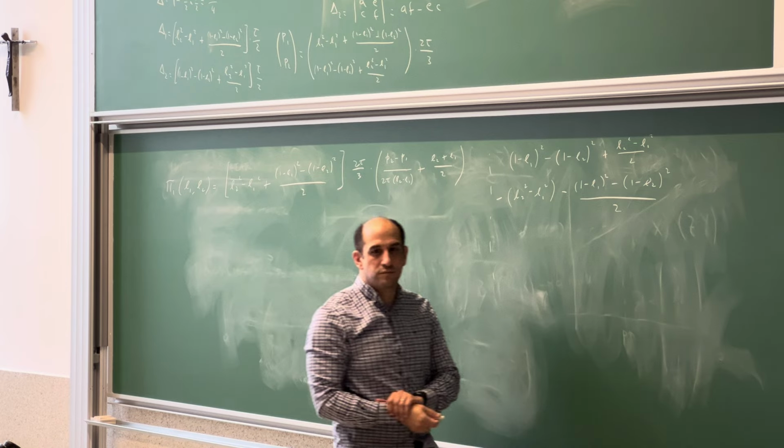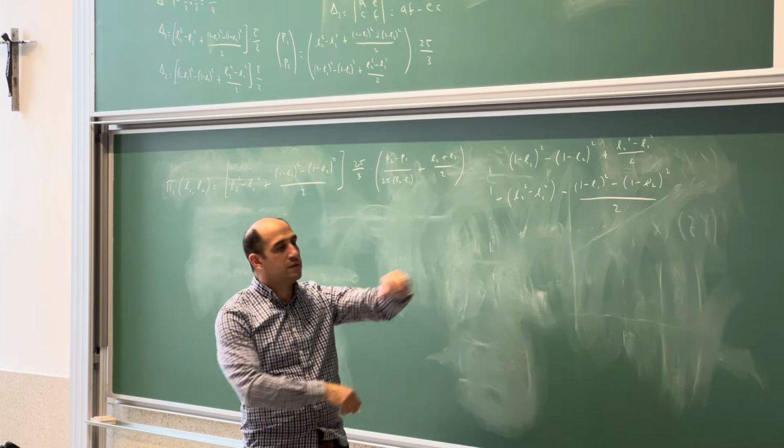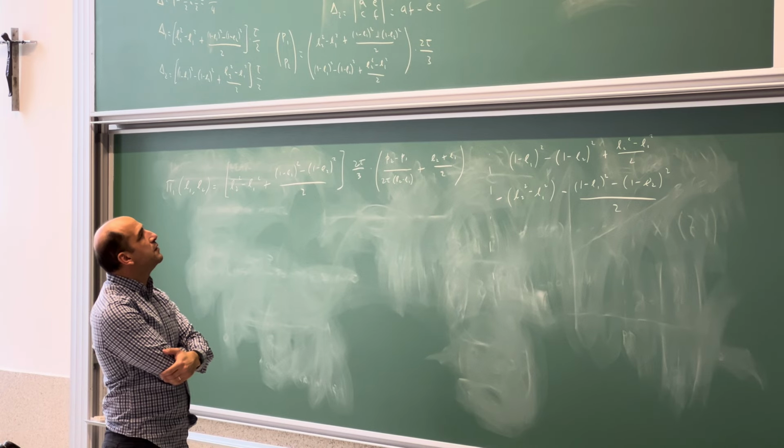P2 minus P1 shouldn't it be 1 minus L2 squared minus L1 squared over 2?